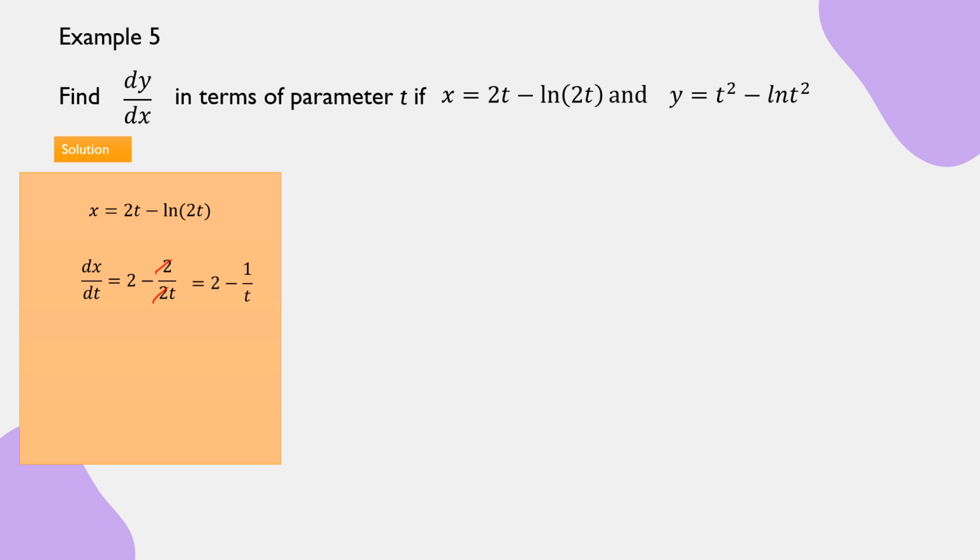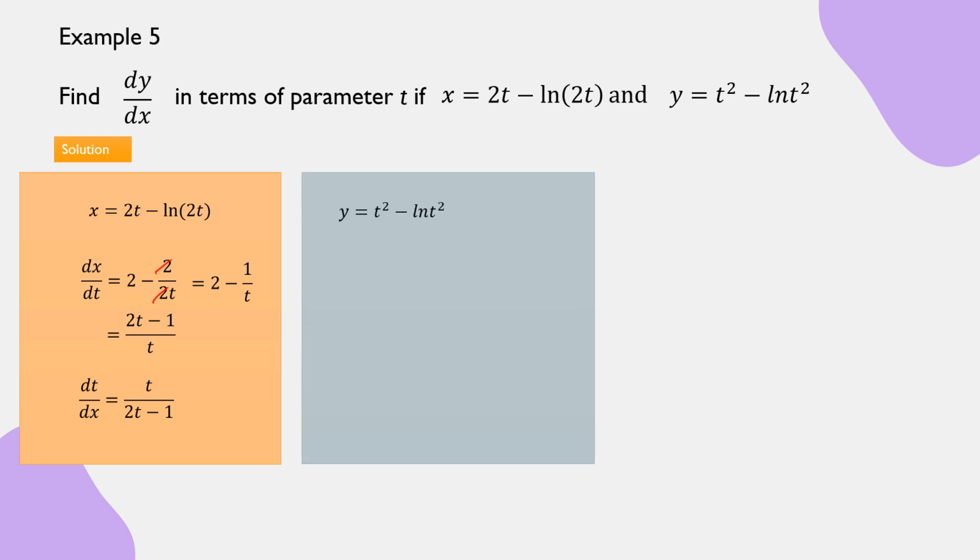So we get 1 minus 1 over t, written as a single fraction, (t minus 1) over t. Therefore, dt/dx equals t over (t minus 1). Now y equals t squared minus ln t squared, in simplest form t squared minus 2 ln t. So dy/dt equals 2t minus 2 over t, as a single fraction, (2t squared minus 2) over t.